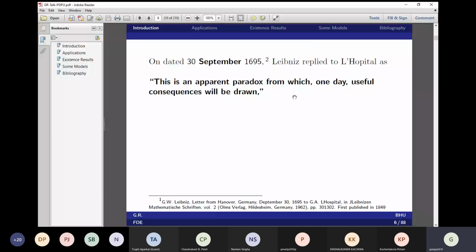And mathematically he defined the symbol d to the power 1 by 2 y as equal to the square root of dx of y, like this. So this was the starting of the fractional derivative.